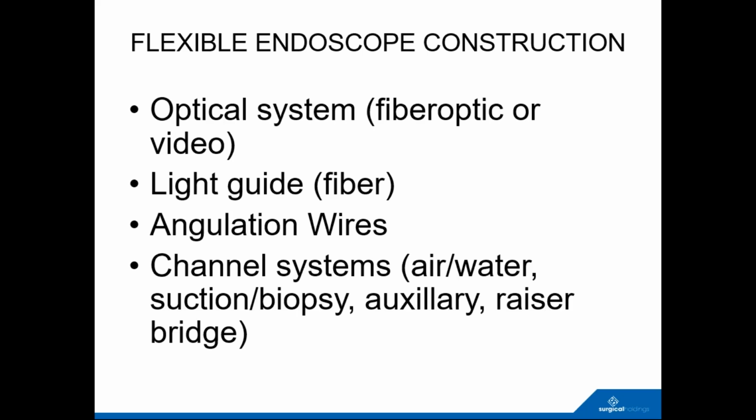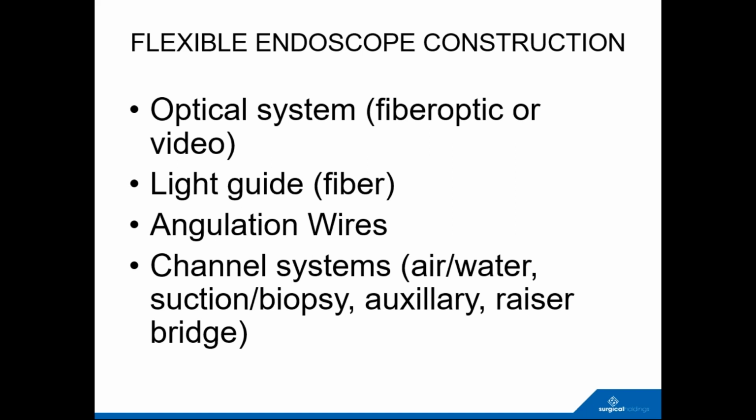Obviously inside the scope there has to be an optical system to get the image back. It's usually either fiber optic or video. Light guides: you need to get light down to the area that you're looking at, because there's obviously no natural light. That's usually using fiber optic technology. And then you have a bending section at the tip of the instrument, which uses angulation wires to flex it, either 4-way or 2-way.